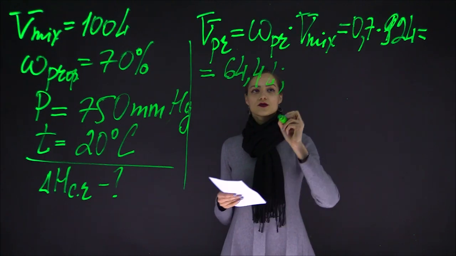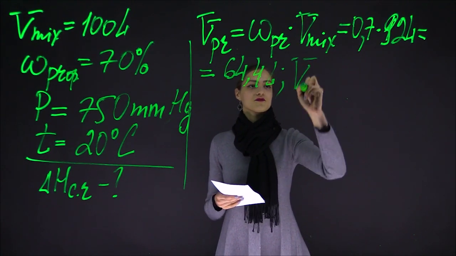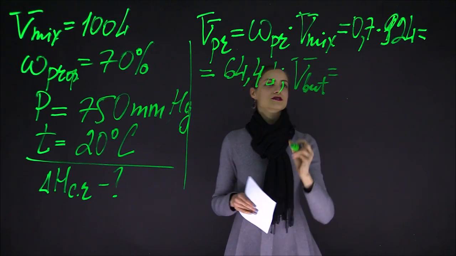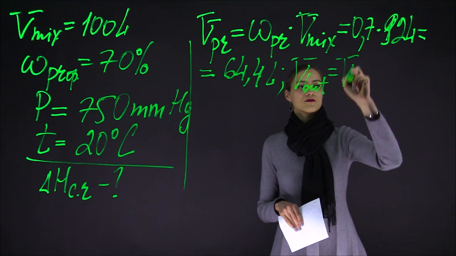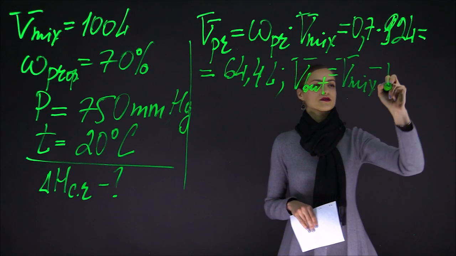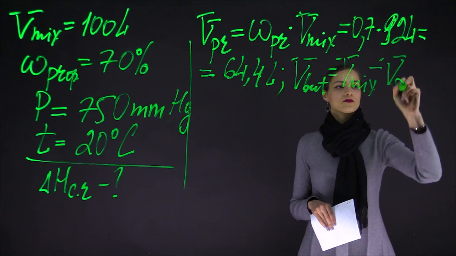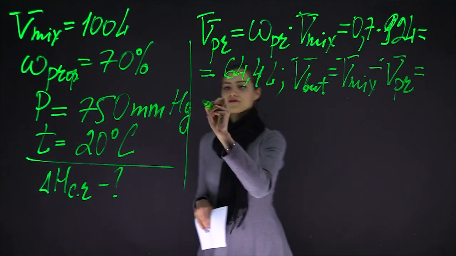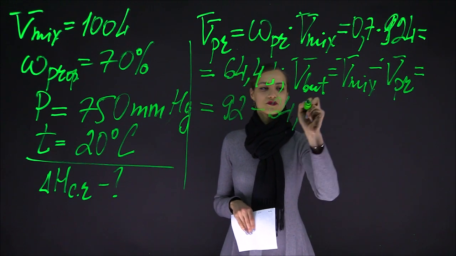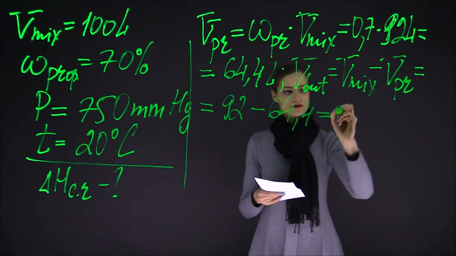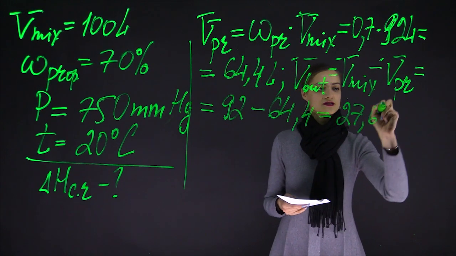The same with the volume of butane, or it's the difference between the volume of the mixture and the first gas: the volume of the mixture minus the volume of propane, 92 minus 64.4, and it gives us 27.6 liters.